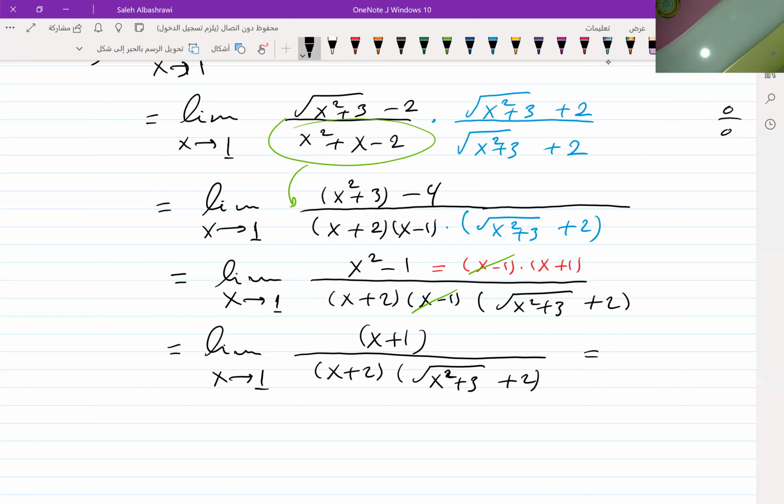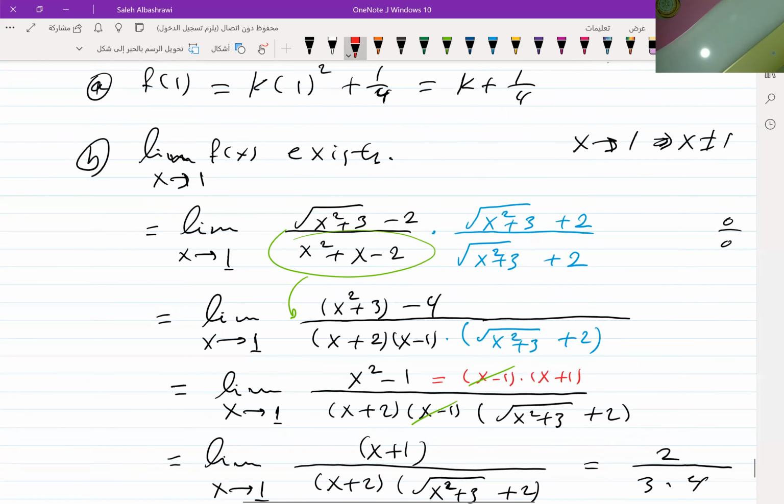You will have up is 2, down will be 3 multiplied by 4. 1 plus 1 is equal to 2, and 1 plus 2 is equal to 3, and in the bracket, square root of 1 plus 3 is 2, plus 2 is equal to 4. So this is 2 over 3 multiplied by 4, which is equal to 1 over 6. Now this is the limit for the function.